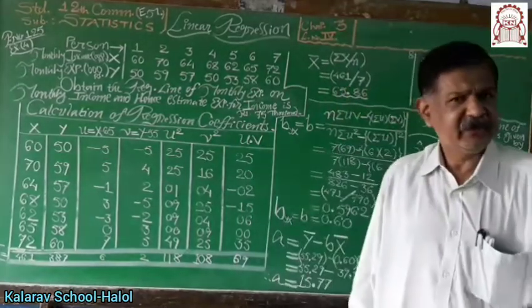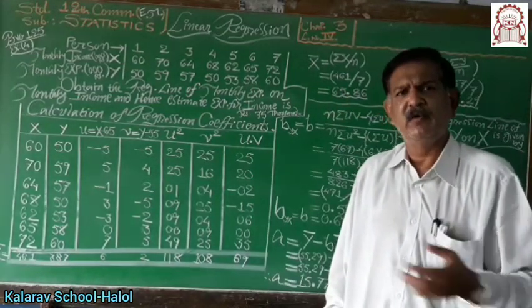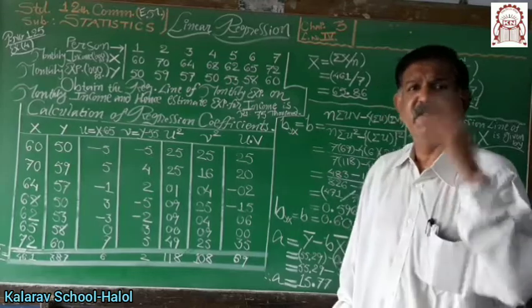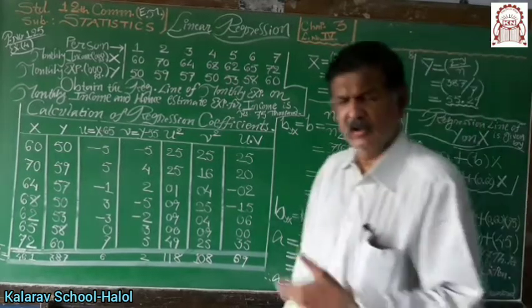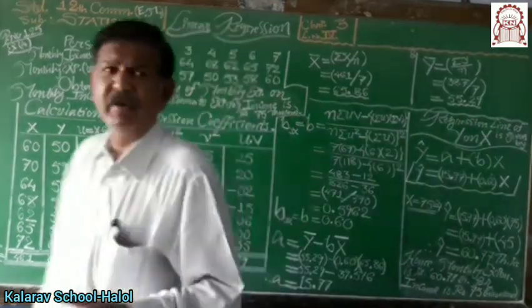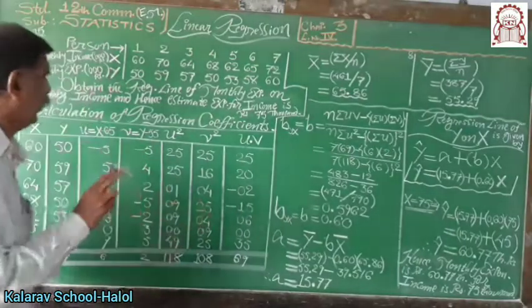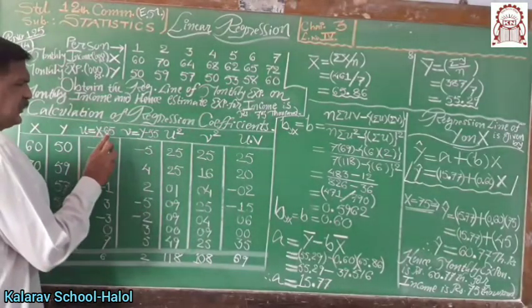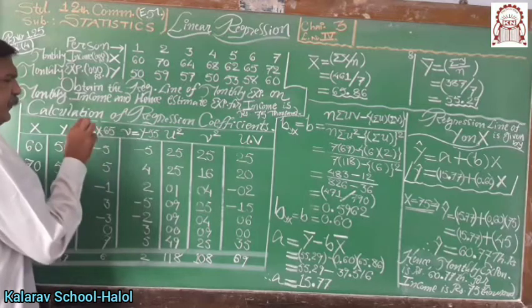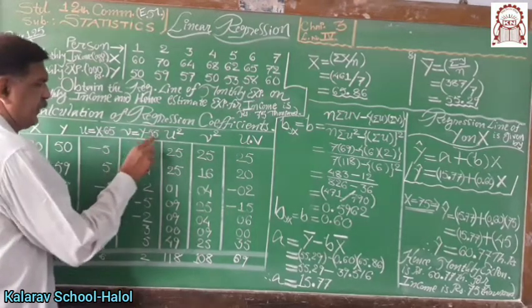See, in exercise 3.2 in our textbook, this type of example may be given. In the final exercise, that is exercise 3, this type of example is also given. But in this case, we have only subtracted: 65 is subtracted from x, 55 subtracted from y.